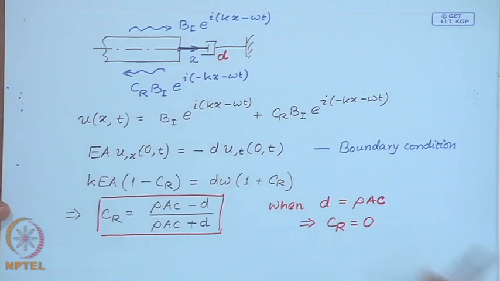So, this is the reason why when we did this modal analysis, when we solved the eigenvalue problem for a bar with boundary damping, we found that for very special values of this dashpot there are no eigen frequencies or eigenvalues.